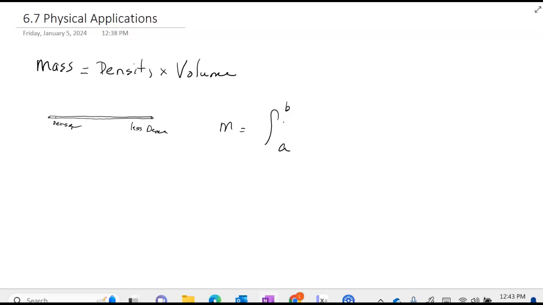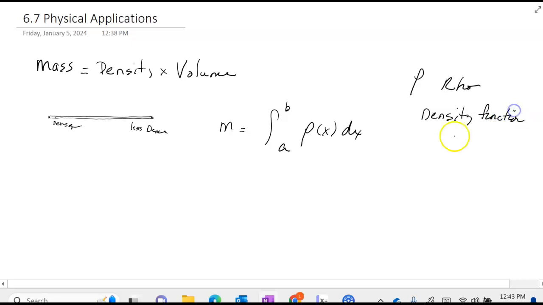That's covered because you're taking it from A to B. And we're going to use rho of x, the Greek symbol for rho, to represent our variable density function. Throughout this whole unit, your density function is rho of x. So your mass simply becomes that.